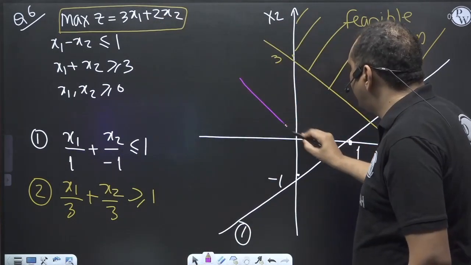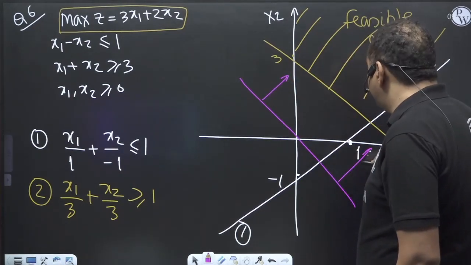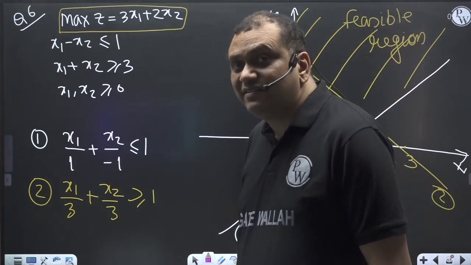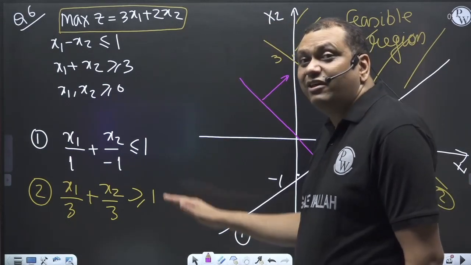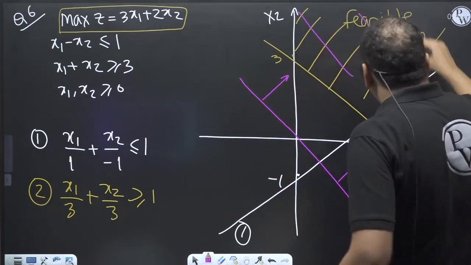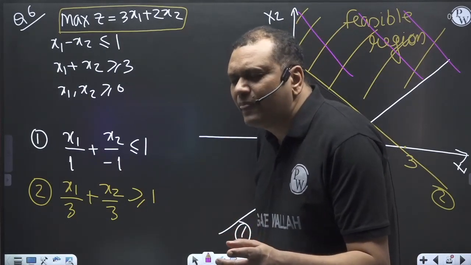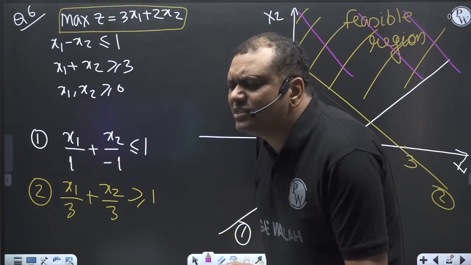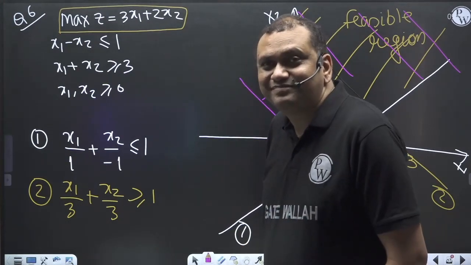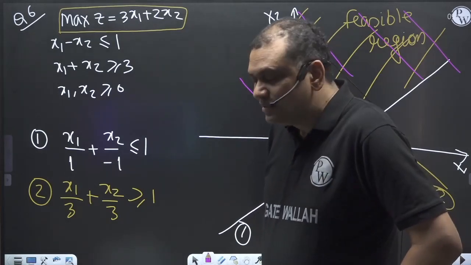Draw a line passing through the origin and shift it towards the feasible region. The farthest point, the last point at which the objective function line touches the feasible region, is the optimum point. That's the optimum point we have discussed in this lecture.